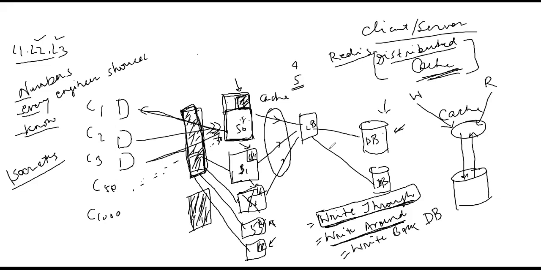There will be a cache miss, and that will bring it back. It depends on the policies, but there can be different ways. You can have some algorithm to make sure it's atomic.